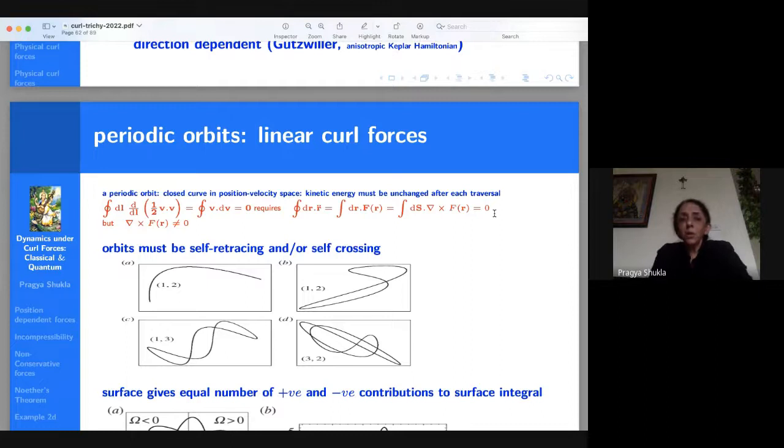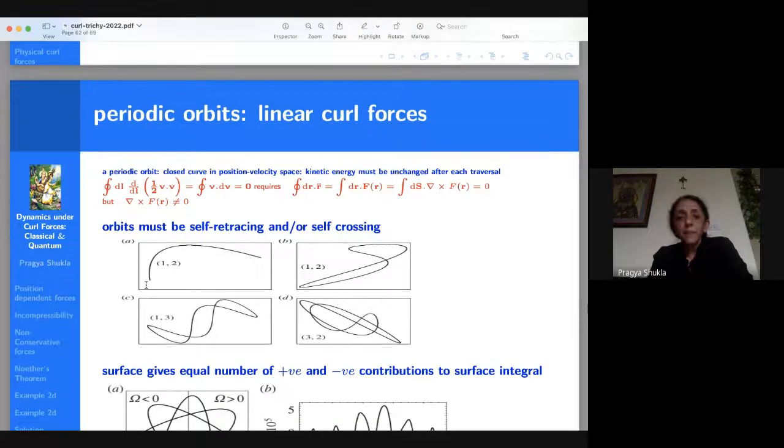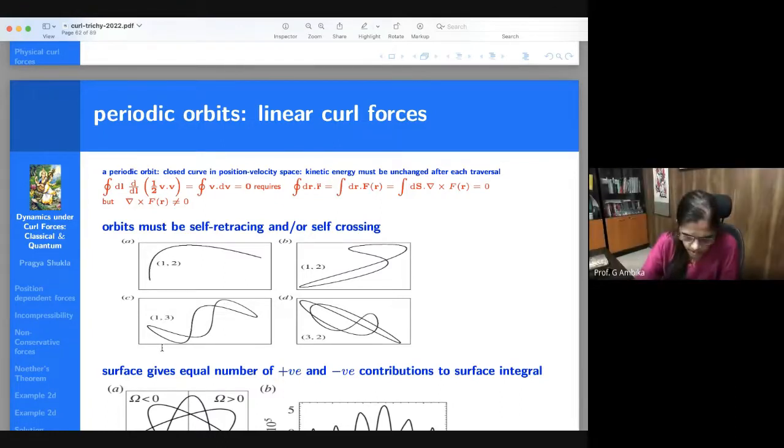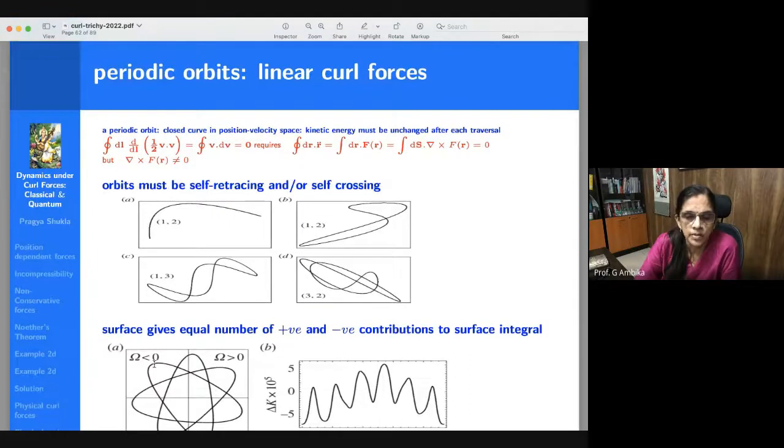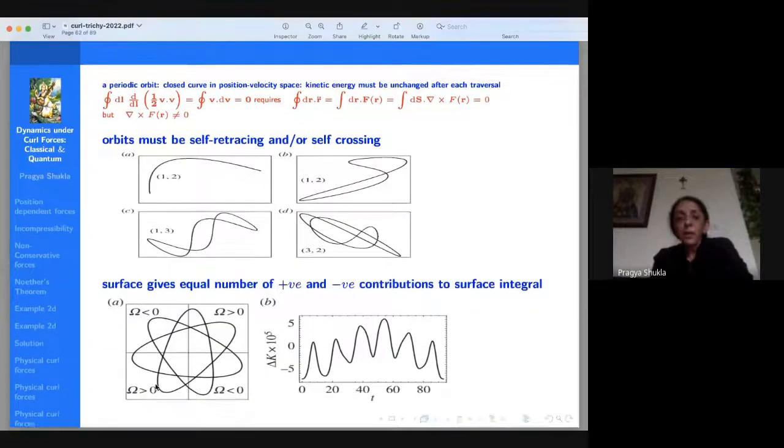The other possibility is that this condition can be satisfied simultaneously with this condition only if there is a kind of cancellation of the area. It's like a projection of one big whole thing, and the other becomes negative in sign. Yeah, I think I've written here: the surface gives equal numbers of positive and negative contributions to the surface integral.